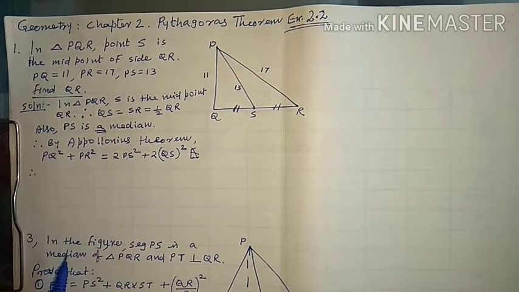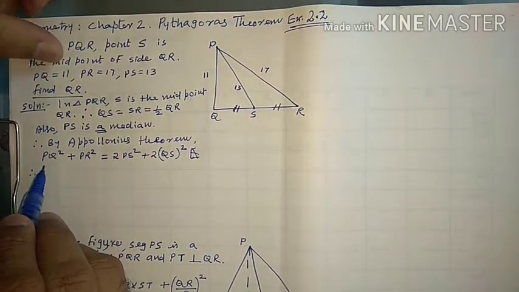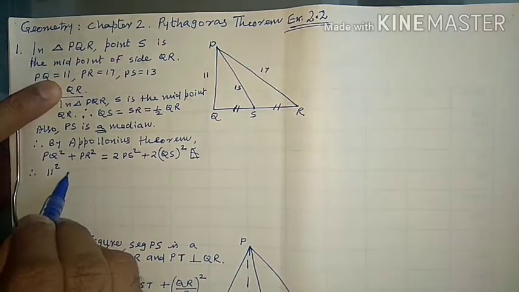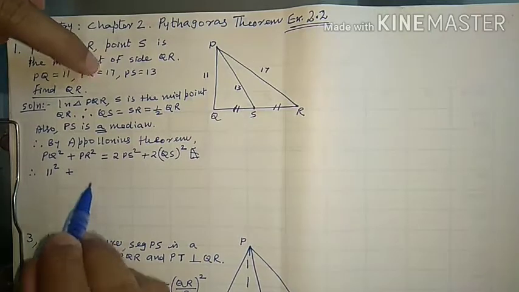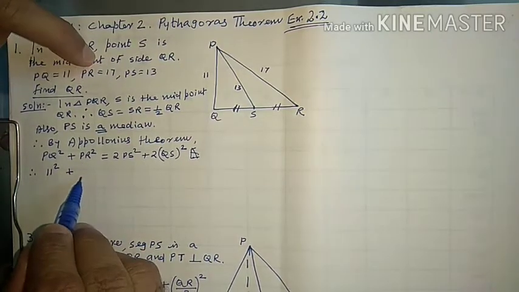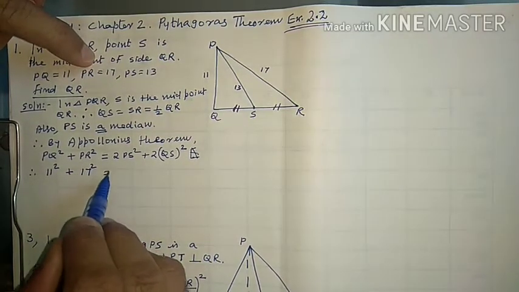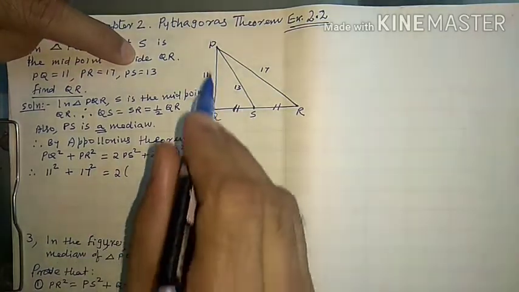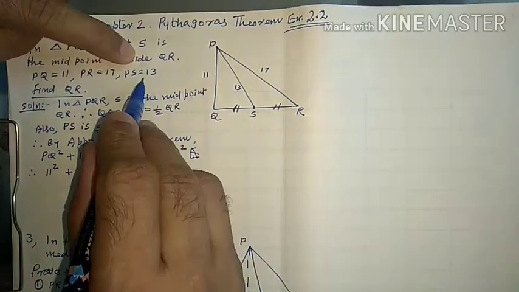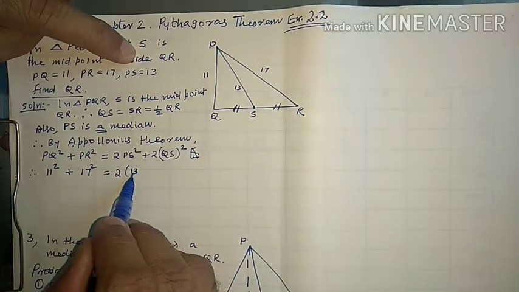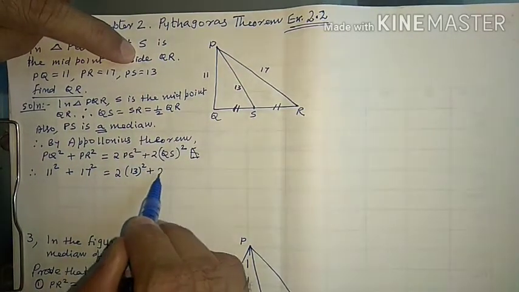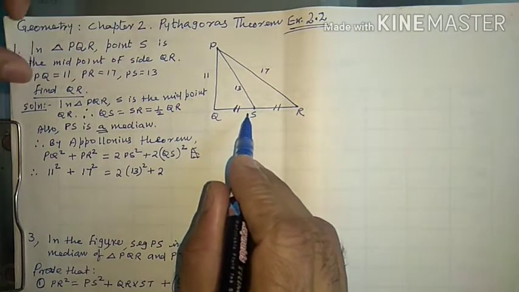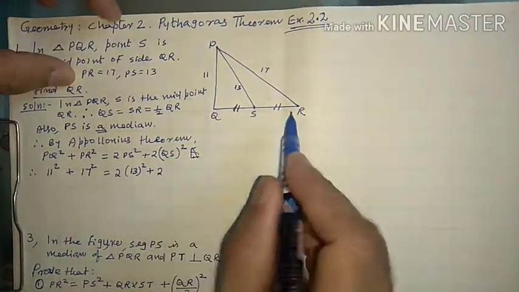Now the given values we substitute. How much is PQ given? PQ given 11 square. Plus PR is 17 square. Equal to 2 into PS. PS is how much? 13 square. Plus 2 into QS. Actually what we want is QR, the full.